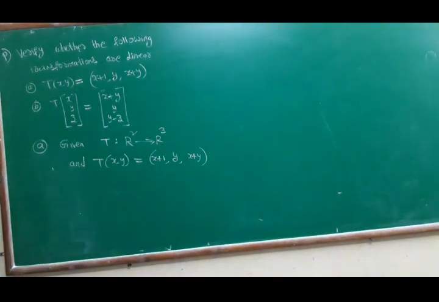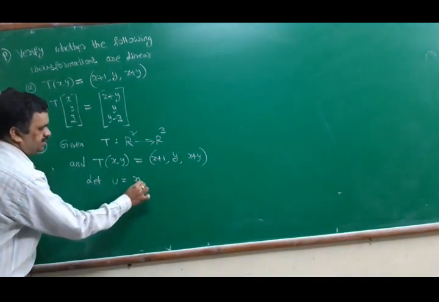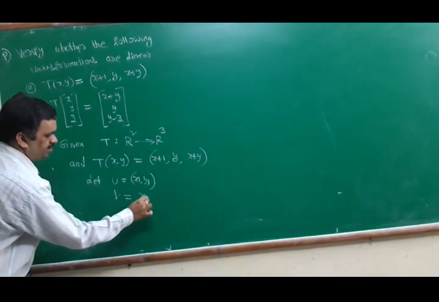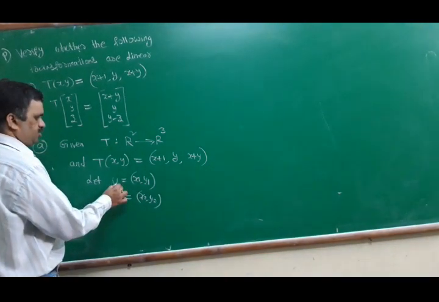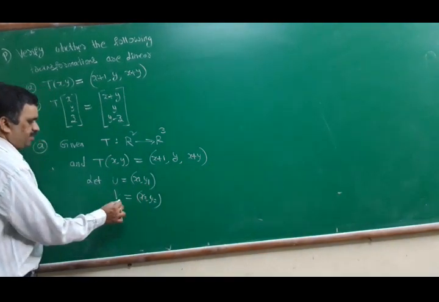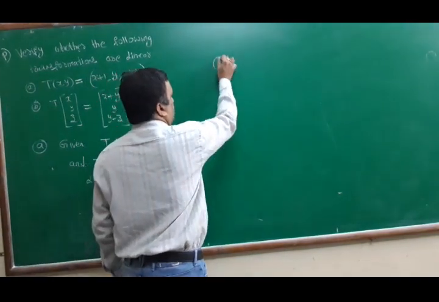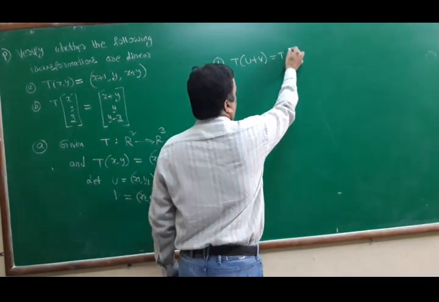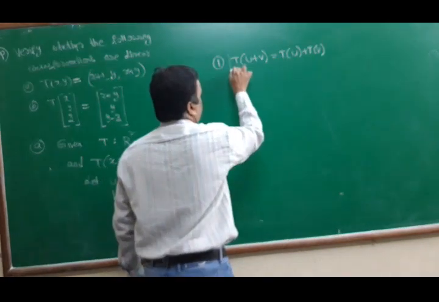Before proving the two conditions, I am going to define two vectors. Let u equal to x1 comma y1, v equal to x2 comma y2. Now the first condition, T of u plus v equal to T of u plus T of v. This first condition we have to prove.